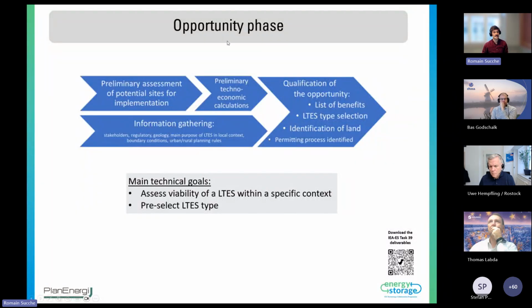The main goal is to assess the viability of the LTES system within a specific context, starting with gathering information about the district heating network, the geology, the boundary conditions, and also some rules and regulatory constraints. It would also consist of preliminary checking for several sites, and of course, preliminary techno-economic calculations.